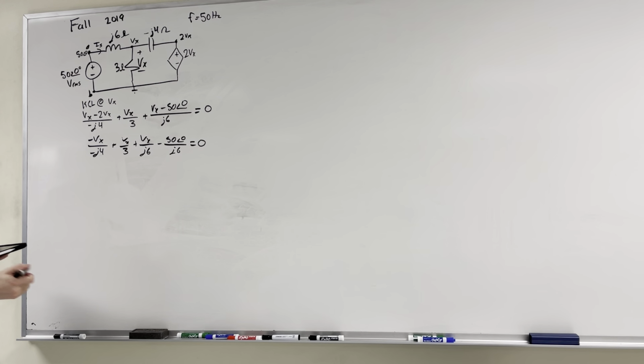So I'm going to move this over to the other side and factor out Vx from all of this. So we'll have Vx times 1 over J4 plus 1 over 3 plus 1 over J6. And this is all going to equal 50 over J6.